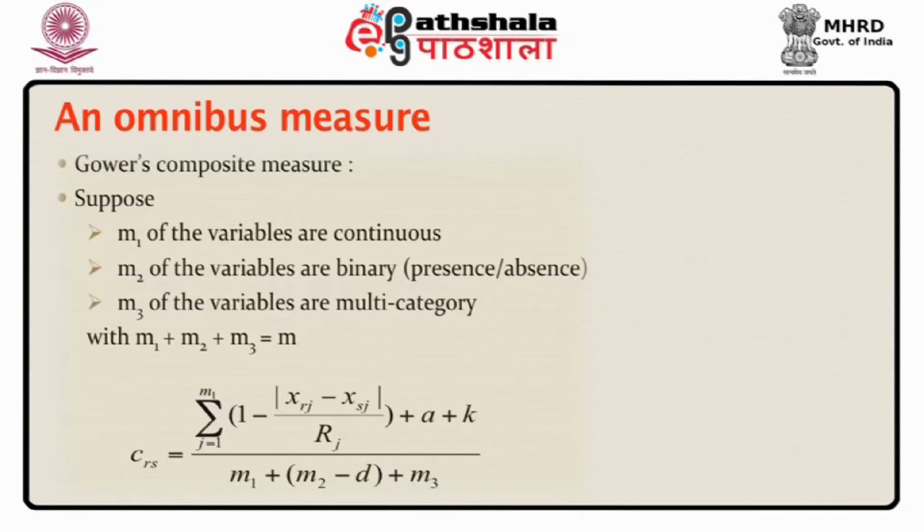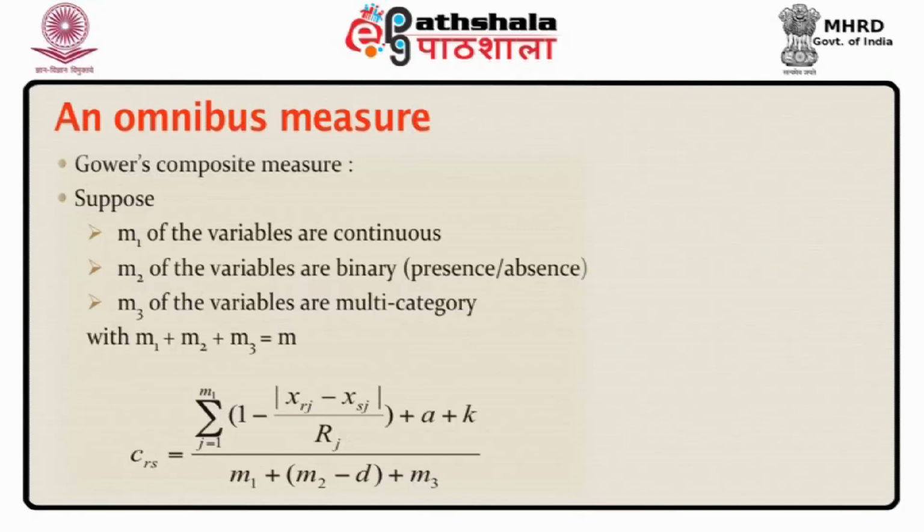This was a dissimilarity measure. So we take 1 minus that to get a similarity measure. And this we sum over all the variables which are continuous by nature, that is m1. And correspondingly we have an m1 in the denominator.